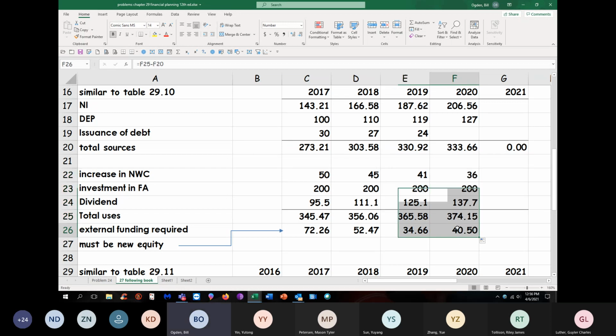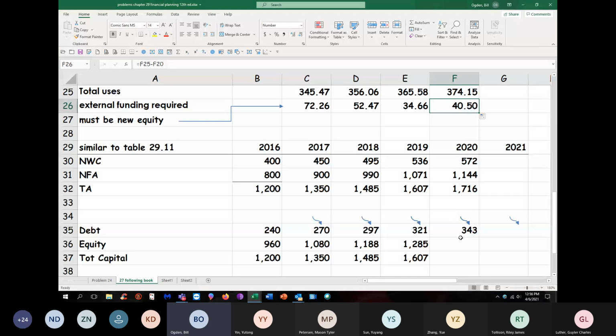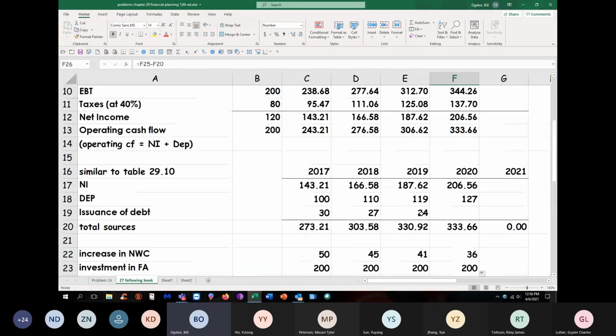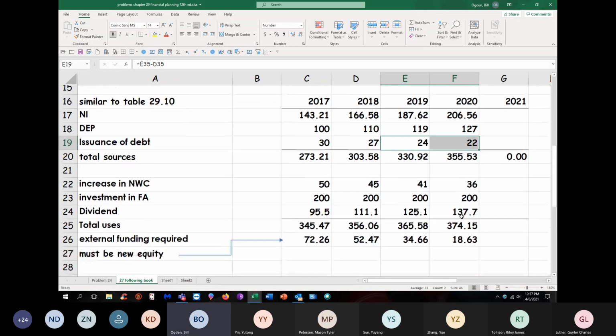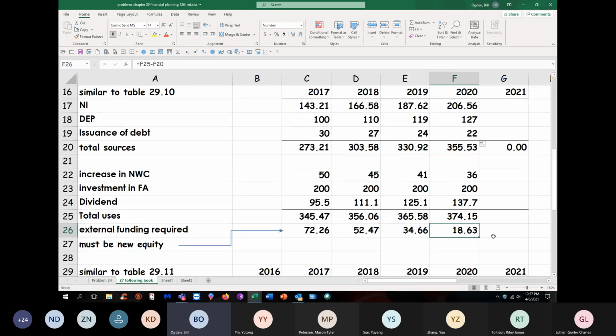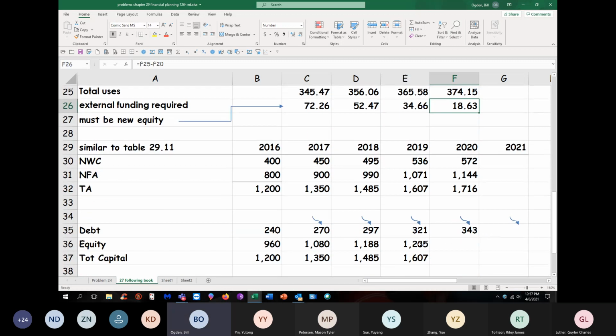All right, we're short 40.50. We have available in debt 43 minus 21, 22. That will not be enough. We'll use it all. So let's continue to use all the debt. And our shortage is now, we got it down to 18, don't we? And so these are now copyable.